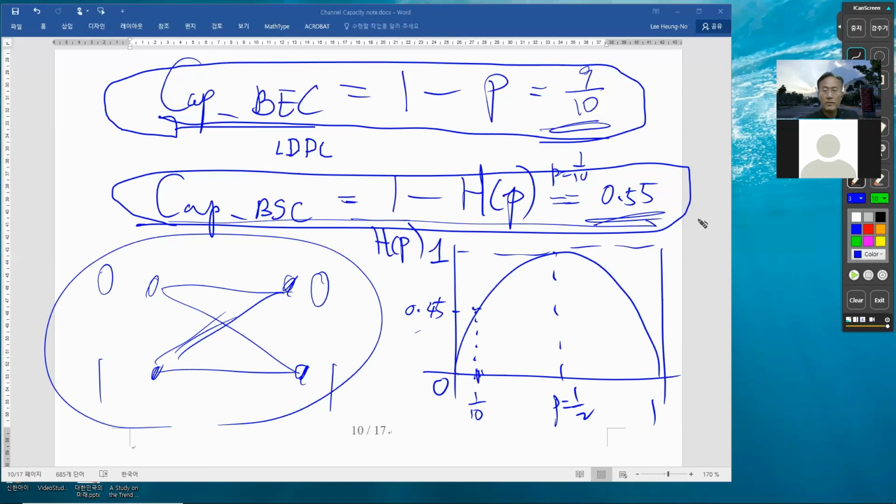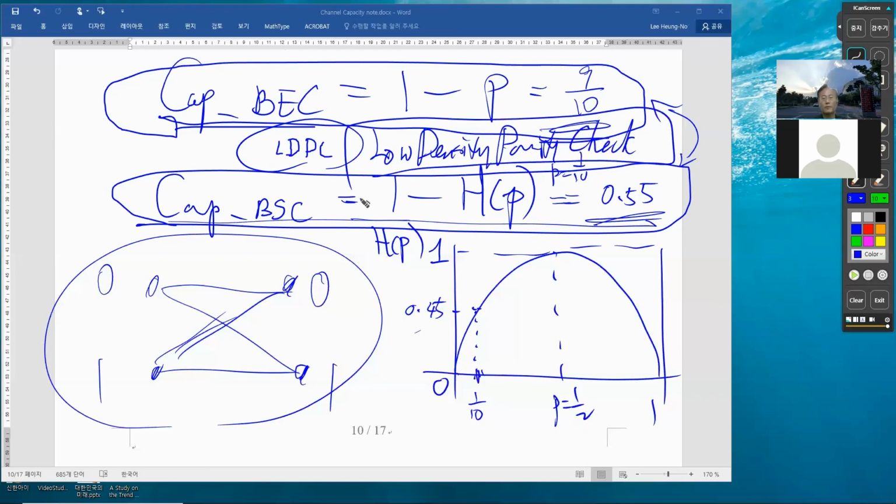So we consider this problem solved. Finding the coding scheme that approaches this capacity very closely has been done. LDPC code, low density parity check code, is one of them. Probably we will talk about LDPC codes a little bit within this semester.